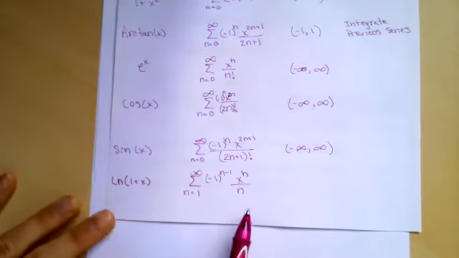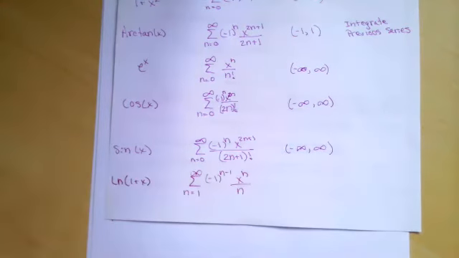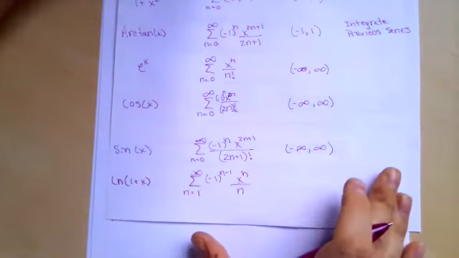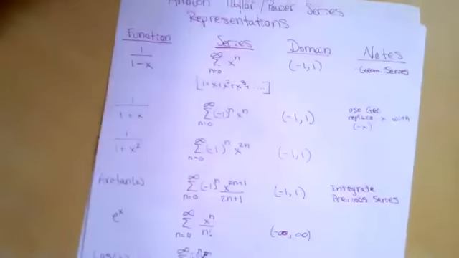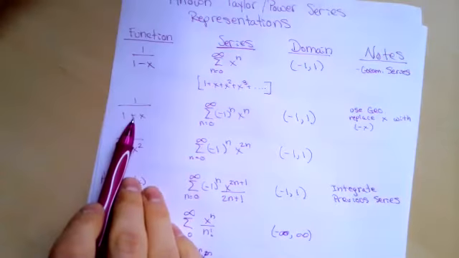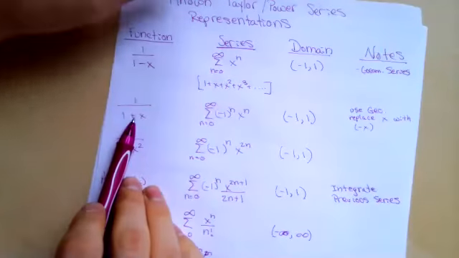There we go. What's our radius of convergence for that? So remember where we got it from. Since we got it from this guy, radius of convergence is going to be minus 1 to 1.